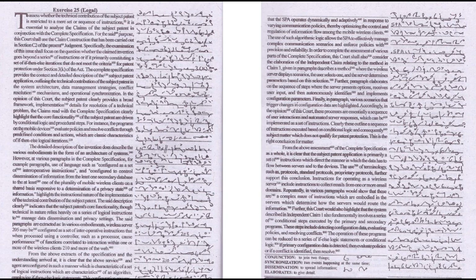Instructions for operating as a wireless server include instructions to collect emails from one or more email domains repeatedly. The various paragraphs would show that these are a complex maze of instructions which are embodied in the servers which determine how the servers would route the information.